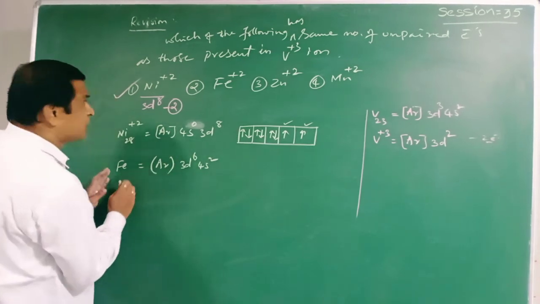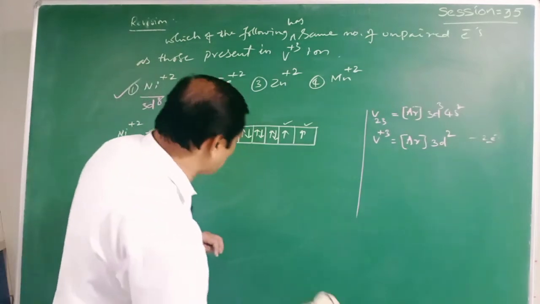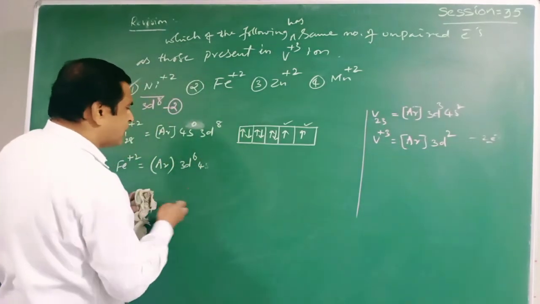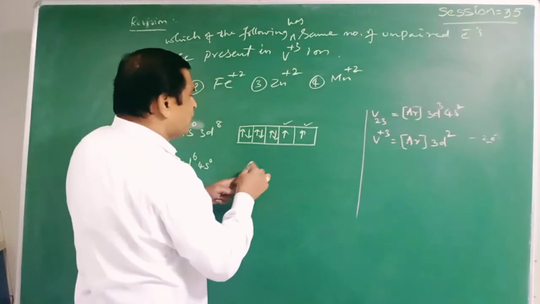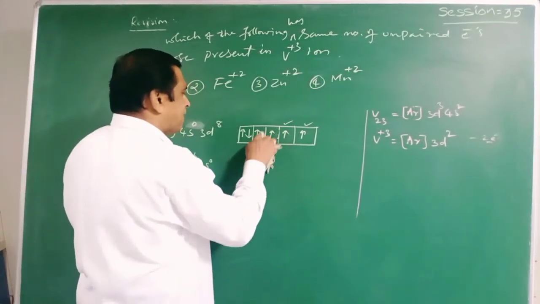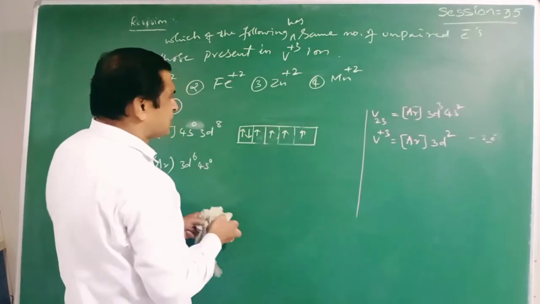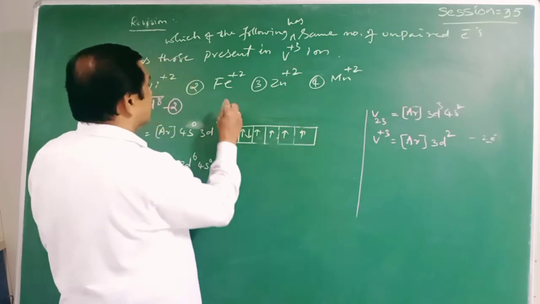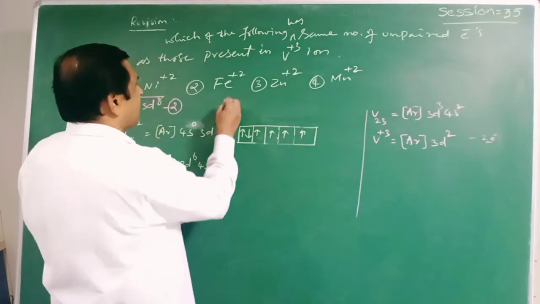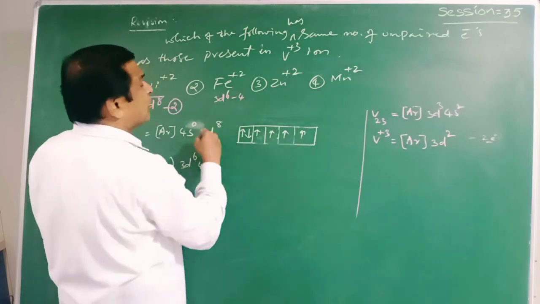Plus 2 means it loses the outermost 2 electrons, the 4s electrons are gone, so 4s0 3d6. How many unpaired electrons are there in the 3d6 configuration? It has 4 unpaired electrons.